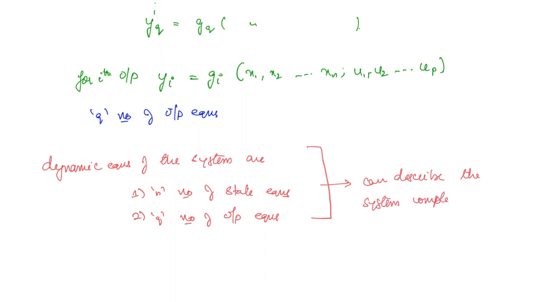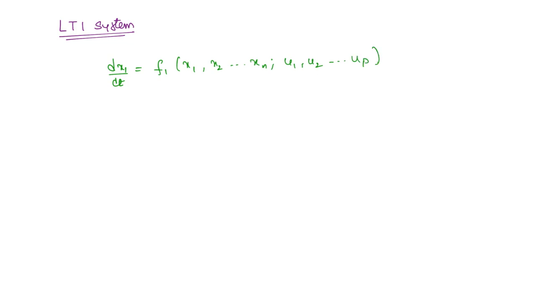Now, if you consider the specific case of LTI systems, linear time invariant systems, then the dynamic equations can be written something like this. For example, if you take dx1 by dt, how did we write it? f1, a function of x1, x2 and so on till xn, and u1, u2 and so on till up.